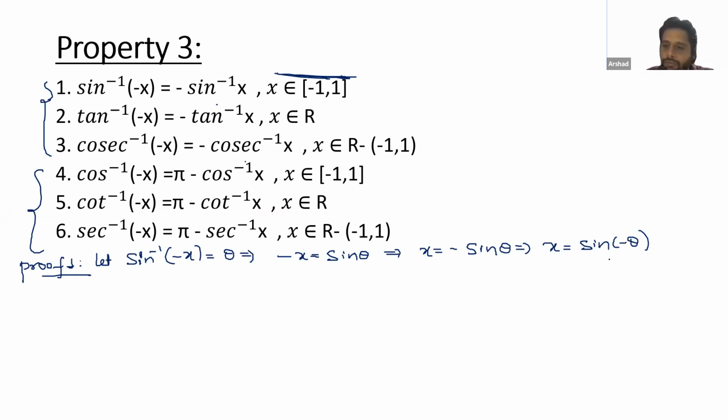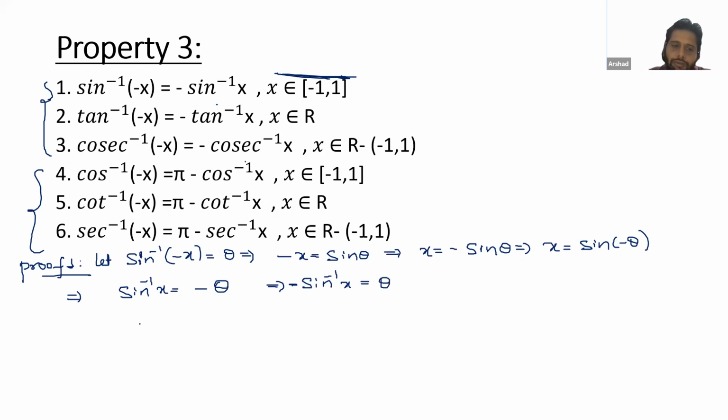Now we have x is equal to sine of minus theta. So what you can write, you can shift this sine inverse, and this will become sine inverse x is equal to minus theta. Okay. Now here you have a sine inverse x, and shift this negative to the left side. So you have a minus here.